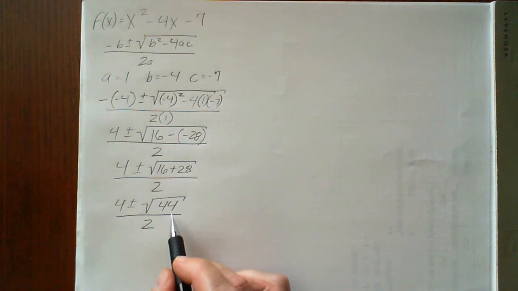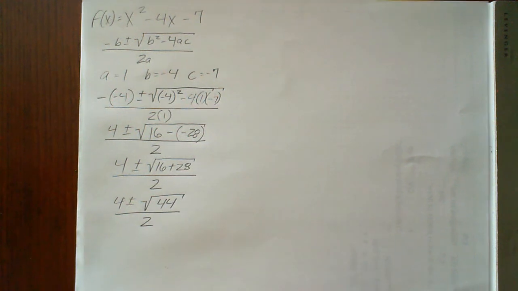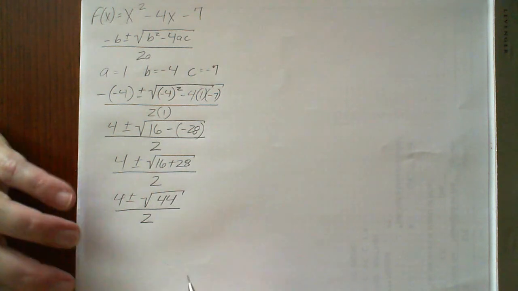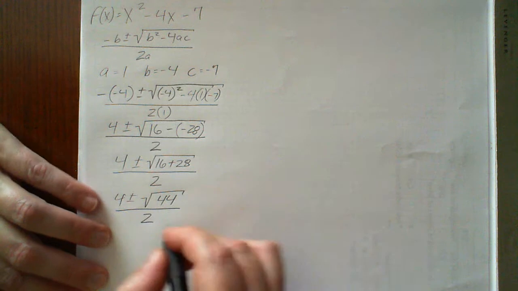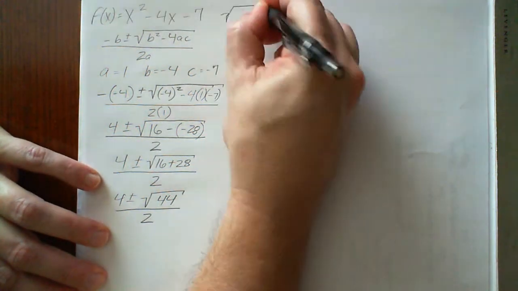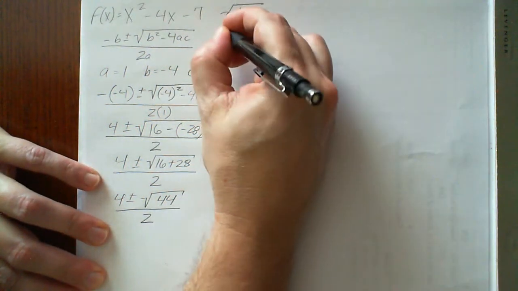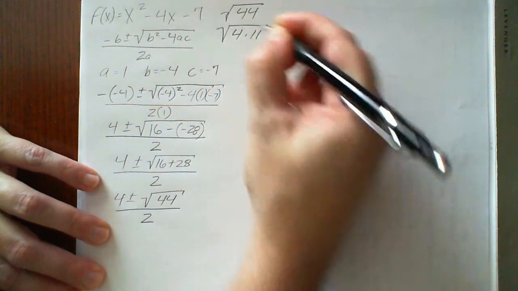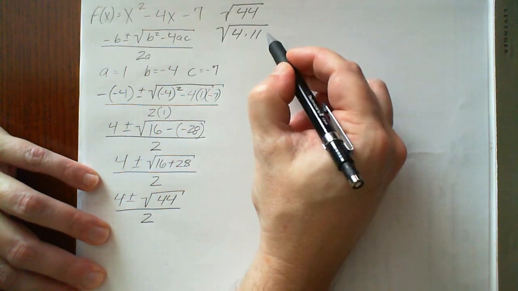Now, the square root of 44, we can simplify that a bit. So it's important to remember our work we did from the unit on simplifying radicals. I'm just going to write the square root of 44. That's the same as the square root of 4 times 11. In other words, 4 times 11 equals 44.